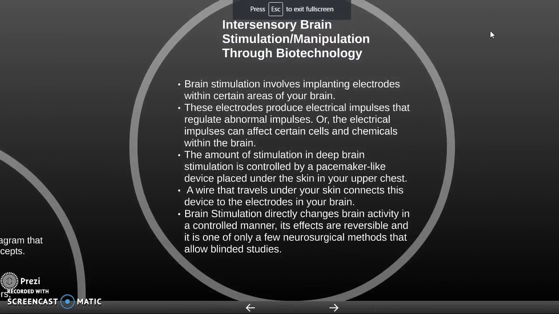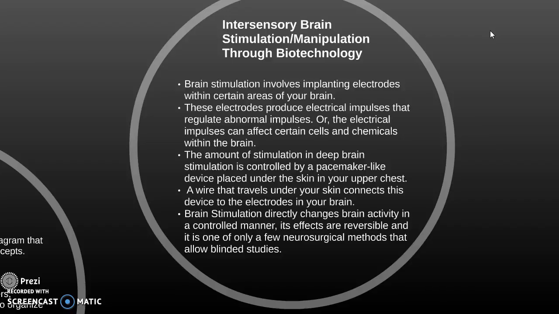Coming to brain stimulation, intersensory brain stimulation, manipulation through biotechnology. Brain stimulation involves implanting electrodes within certain areas of your brain. These electrodes produce electrical impulses that regulate abnormal impulses, or the electrical impulses can affect certain cells and chemicals within the brain.